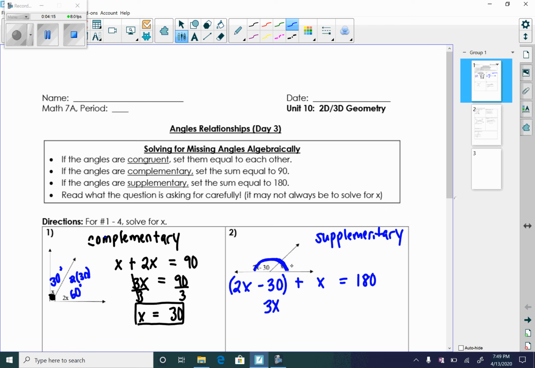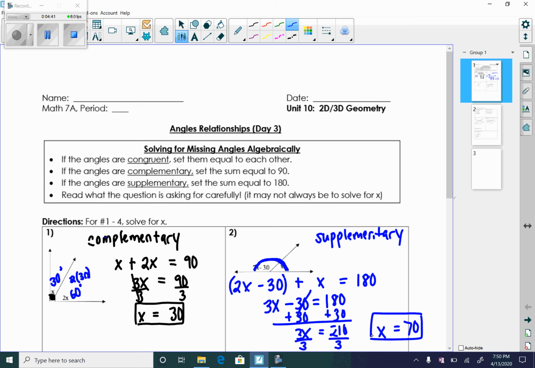I'm going to combine like terms. So 2x plus that 1x. And I'm going to solve this two-step equation. And that's going to give me 3x equals 210. And I'm going to divide by 3. And I'm going to get my solution, x equals 70.